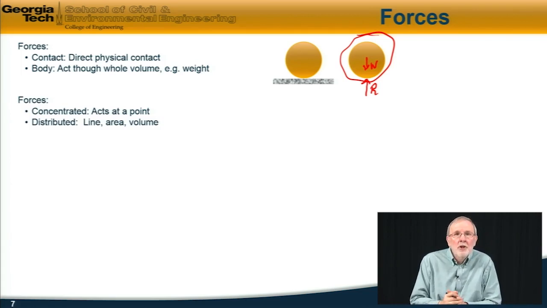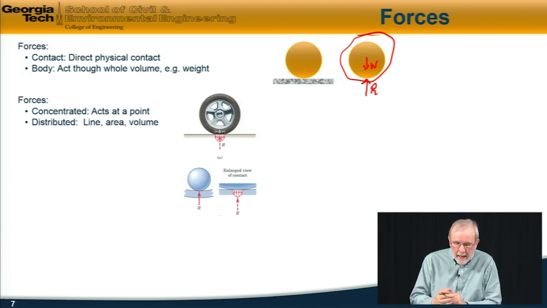Now, forces in turn can be either concentrated or distributed. A concentrated force acts at a point, and a distributed force is distributed over either a line, an area, or a volume. And this can be most easily illustrated in this way.